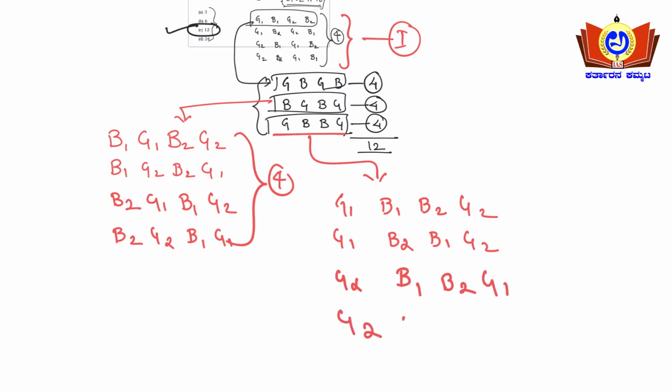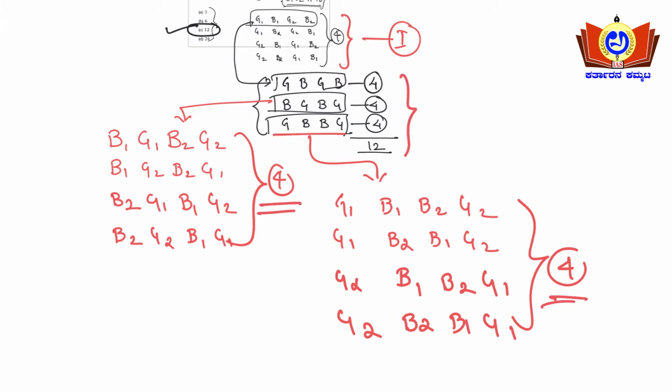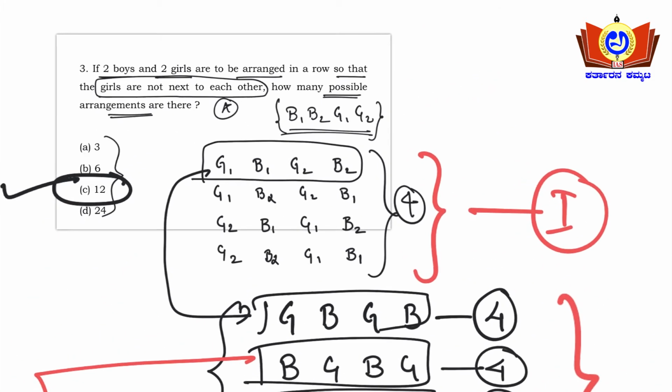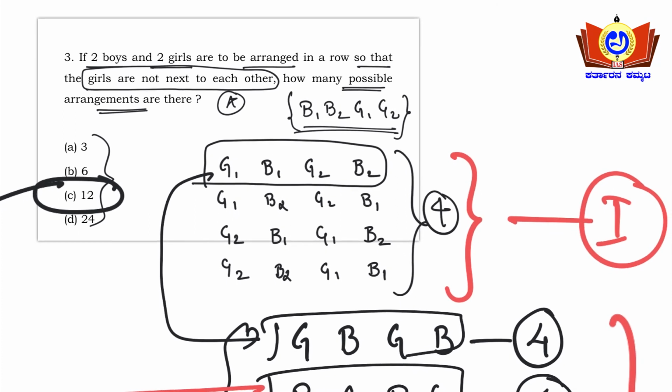So girl 2, boy 2, boy 1 and girl 1. See, all the different 4 possibilities I have written here. Okay, so hence 4 plus 4 plus 4, that is 12. So there are 12 different possibilities in a way such that 4 students, that is 2 boys and 2 girls, can be arranged so that girls are not sitting next to each other.